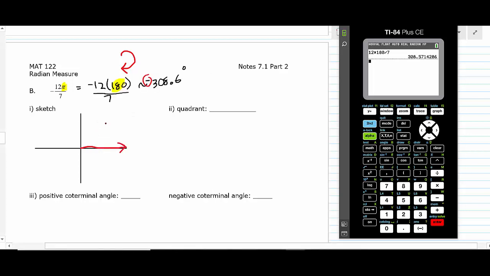So somewhere roughly in there would be where that is. And don't forget, you need to always show the arrow that shows the direction you're going. What quadrant is that? Yeah, that would be quadrant 1. So we end up back in quadrant 1. So that would be the solution on that.